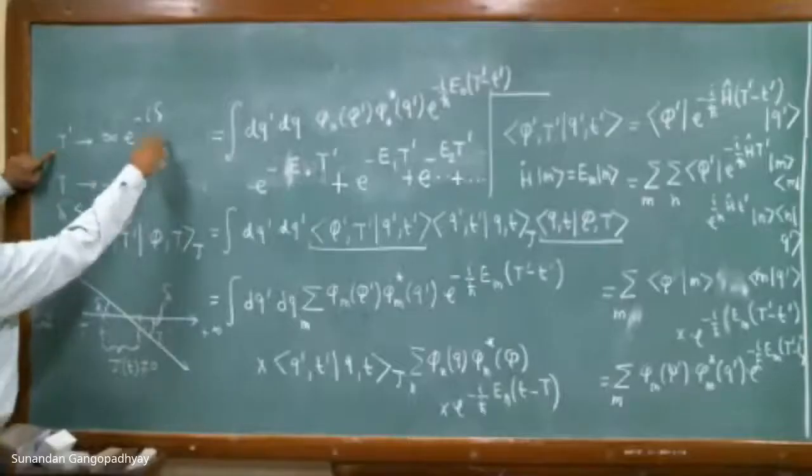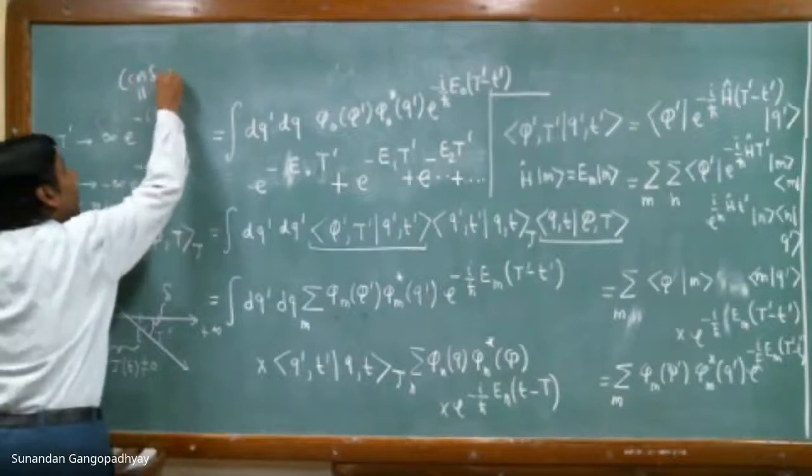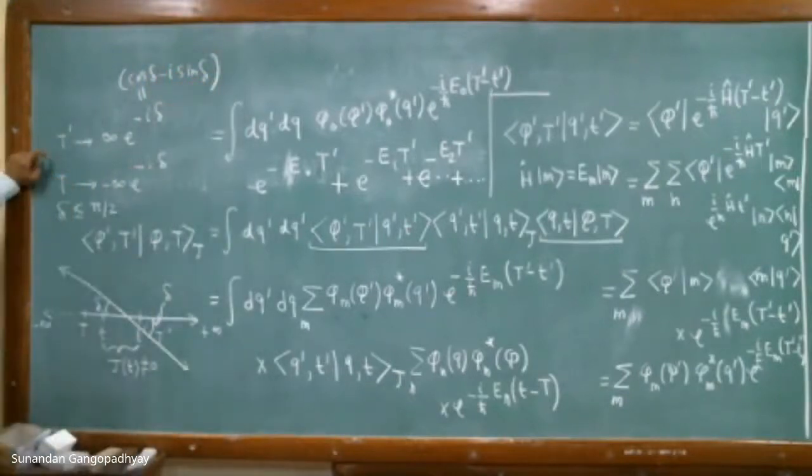Sir, I don't understand the rotation of the time axis with e to the power minus i delta. Can you please repeat this? Yes, you have this thing. So you see, this is cos delta minus i sin delta, right? No sir, I am not saying that.